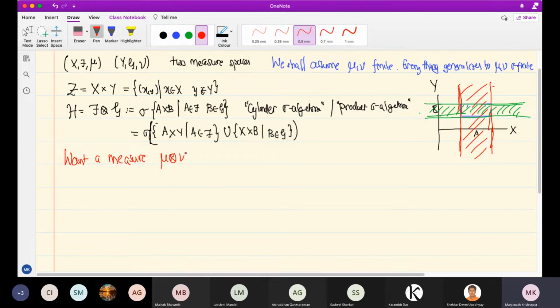Okay, this is just a notation. So we want a measure on H such that at least for rectangles, I want it to be this.